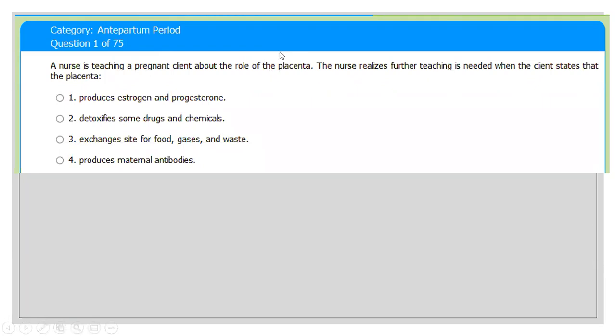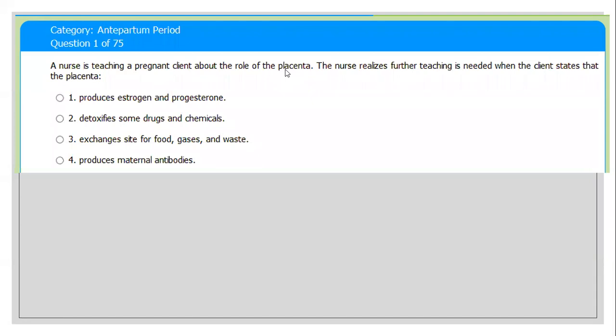If I ask you what is the placenta? The placenta is basically a circular organ in the uterus of a pregnant mother, right? So as nurses and healthcare providers, we have to know the functions of the placenta.